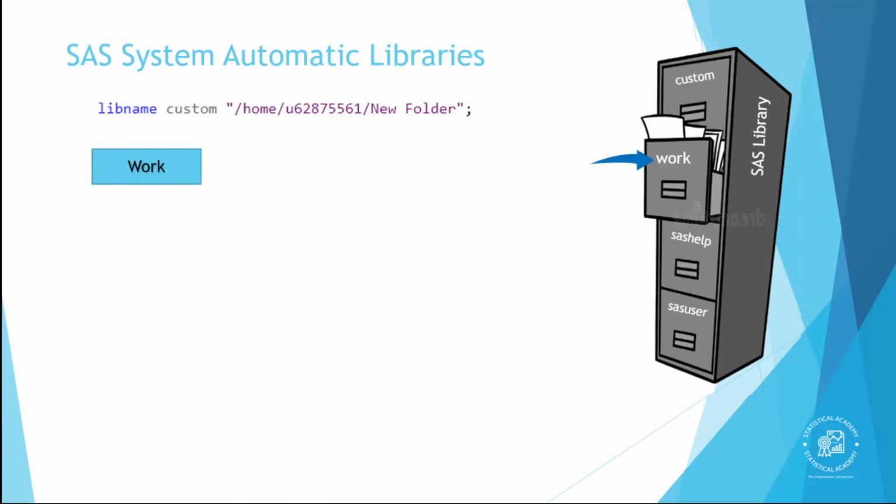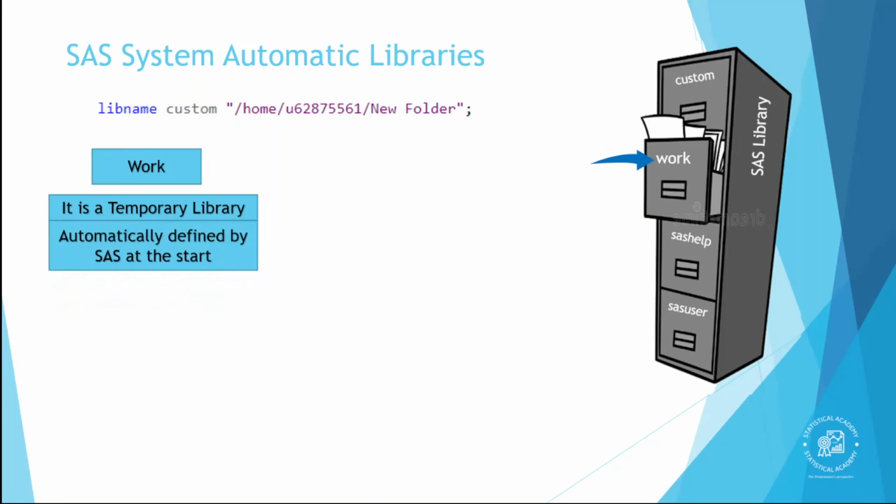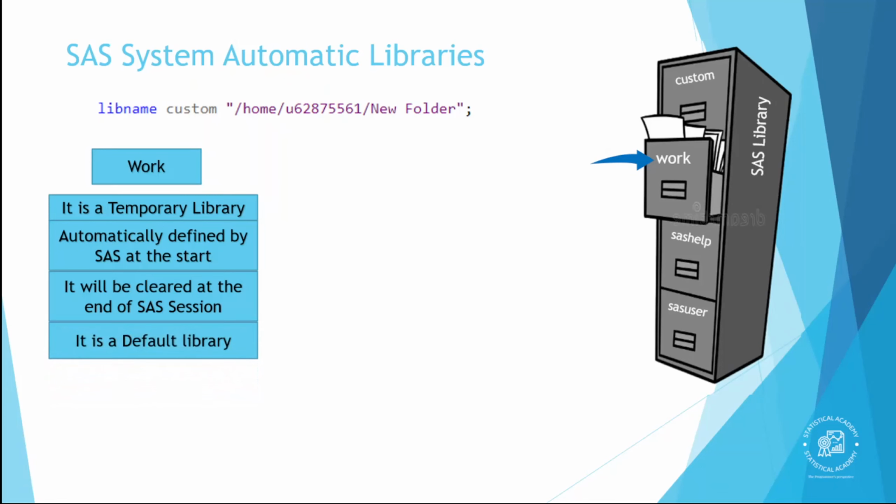The work library is temporary because any tables written to the work library are deleted at the end of each SAS session. This library is commonly used in SAS programs because it's a great way to create working files that you don't need to save permanently. The work library is also the default library. If you don't type a LIBREF in front of a table, SAS uses the work library to save.